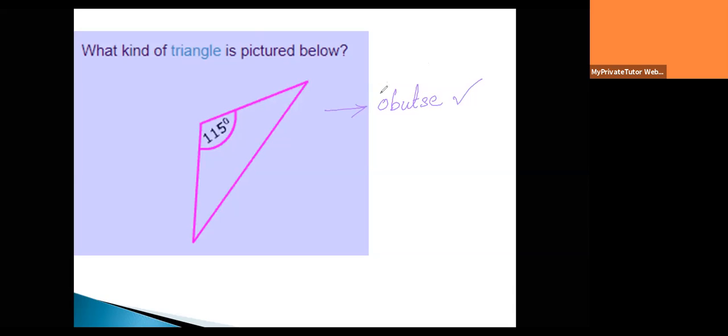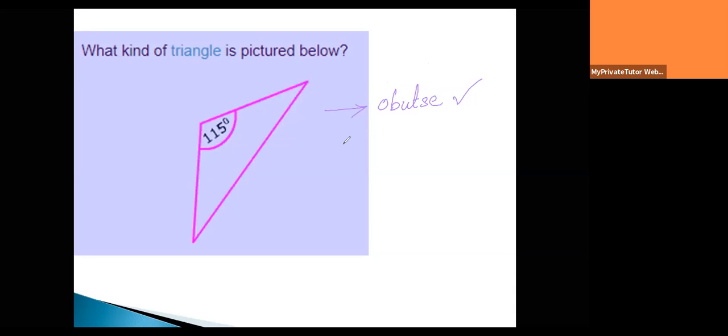And Sultan, can you please tell me how you got isosceles? See, there is no instruction given. If two sides are equal, then it is isosceles. So this can be isosceles or what is the other one? Scalene. Yeah, it can be isosceles or scalene.